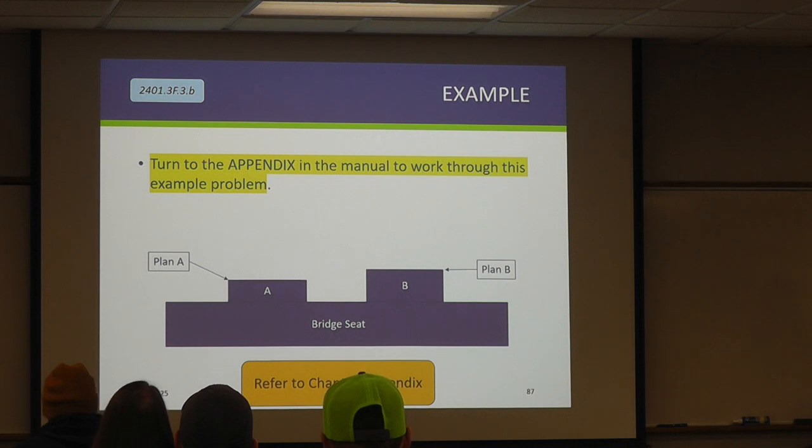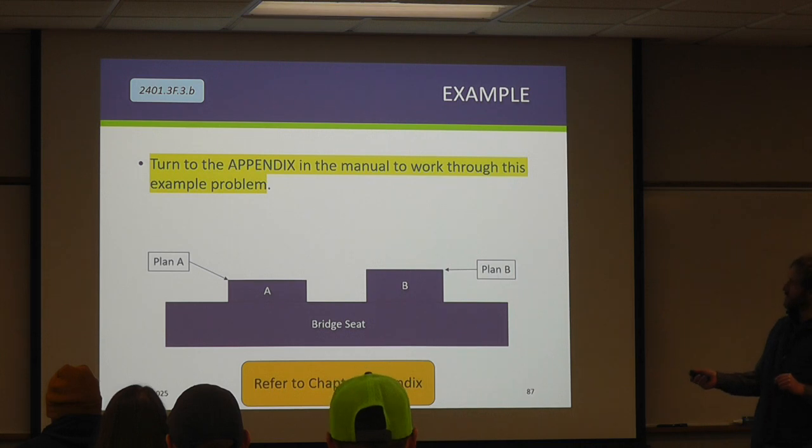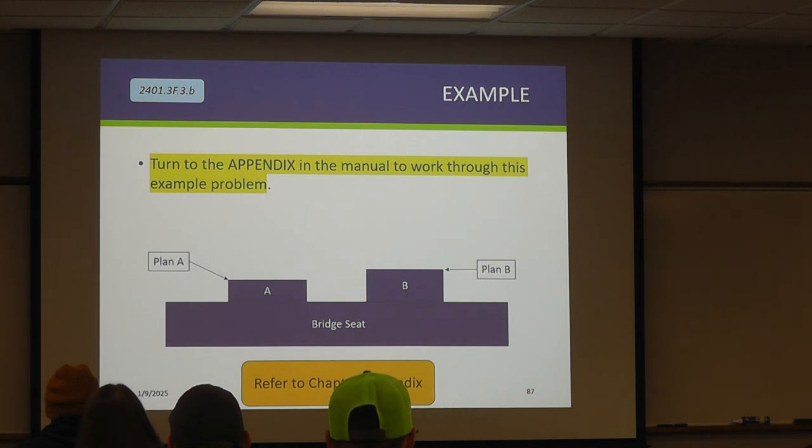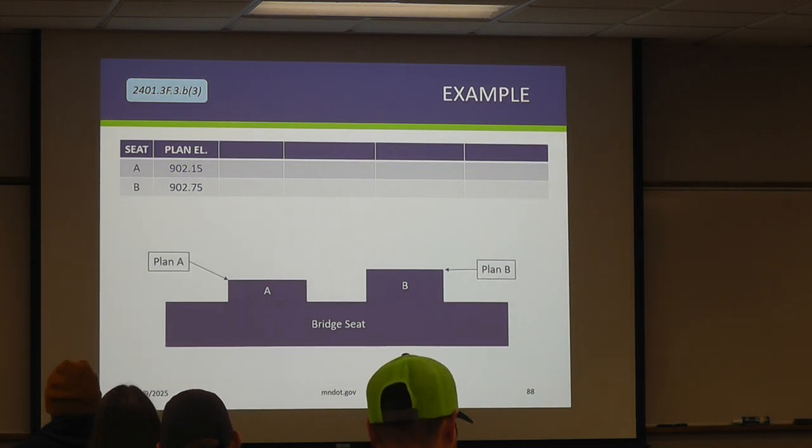So let's walk through this in your manual. If you want to walk along, in the back of this, I think there's some blank space to do this. Otherwise, just feel free to follow along. So we're going to do a hypothetical problem. You've got your beam A and beam B. This is what it looks like in the plan. The plan gives us these elevations.